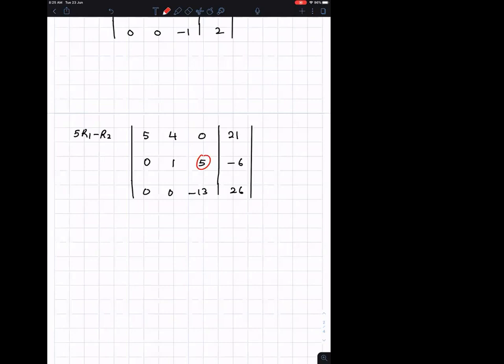So next time, if I want to make this go to 0, then what can I do?